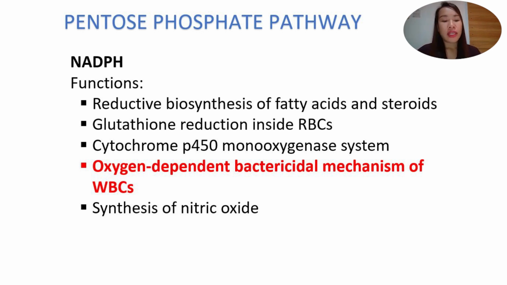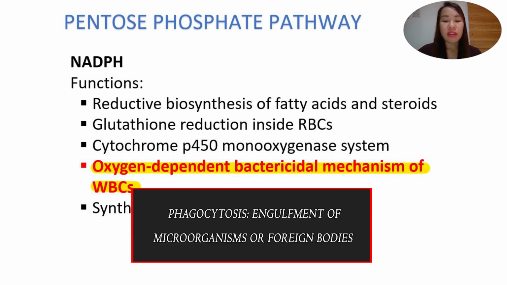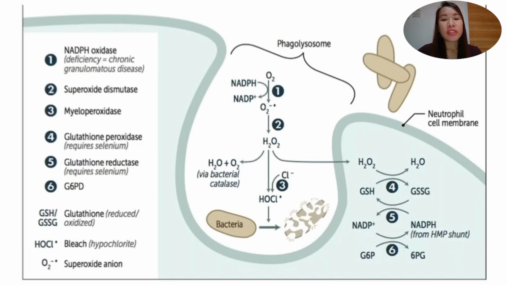Okay. Next, we have the oxygen-dependent bactericidal mechanism of WBCs. This is nice to discuss. When we talk about this, we talk about phagocytosis by WBCs, and this is where chronic granulomatous disease comes in. So let's explain first. First, we have phagocytosis.